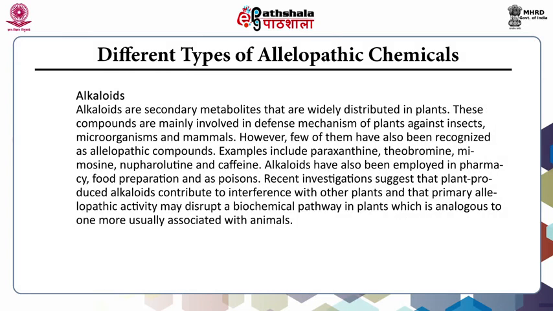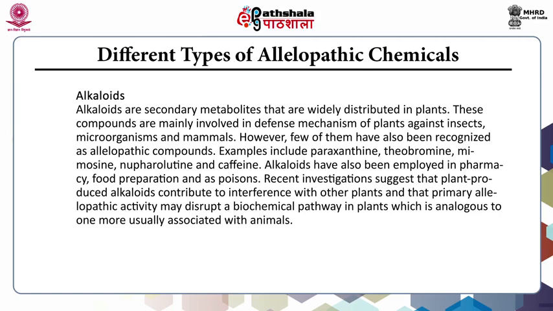Next class is alkaloids. These compounds are mainly involved in the defense mechanism of plants against insects, microorganisms and mammals. However, few of them have also been recognized as allelopathic compounds. For example, paraxanthine, theobromine, mimosine, caffeine.